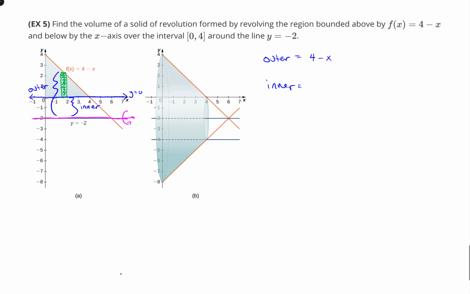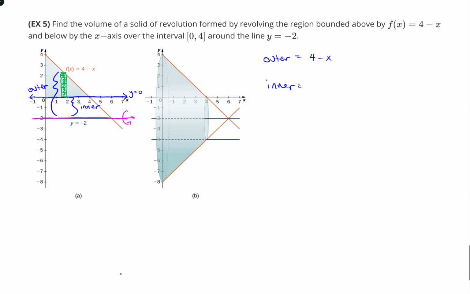But the problem is, it's not really. It is further than that, right? It's always a constant distance of 2 away, and then plus this 4 minus x. So in order to get the full distance, we need to get the vertical distance between f of x and the axis. Normally we don't consider this if the axis of rotation is 0. But if the axis of rotation is non-zero, we get the outer radius by computing the total distance between these two.